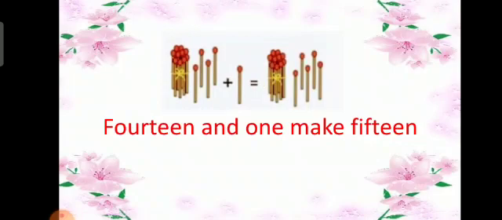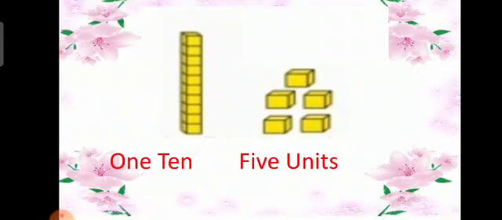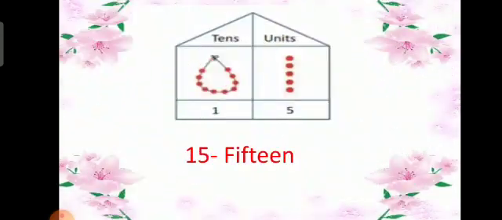Here 14 matchsticks. With 14 matchsticks we are going to add one matchstick. Together it becomes 15. 14 and 1 make 15. In 15 we have 1 ten and 5 units. 1 ten and 5 units means 15.